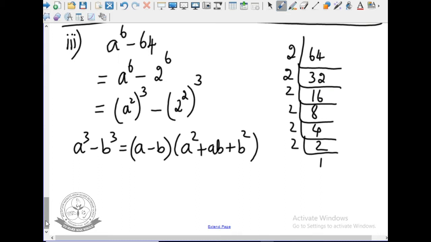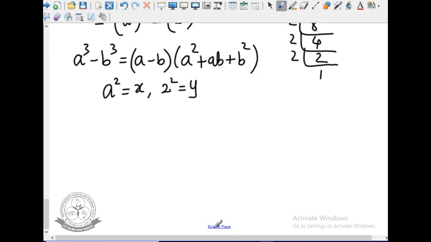For our convenience, I can take a square is equal to x and 2 square is equal to y. At last we can change the values back. So what do we get? a square is x, so x minus y.